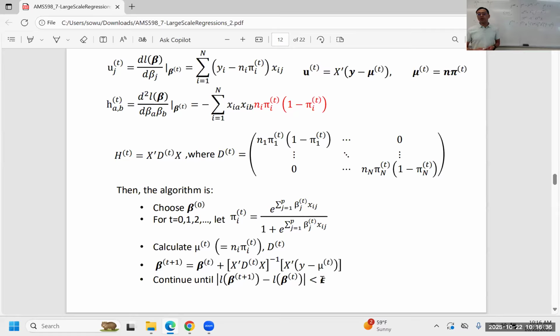Then you can stop the algorithm. And this is how it works.